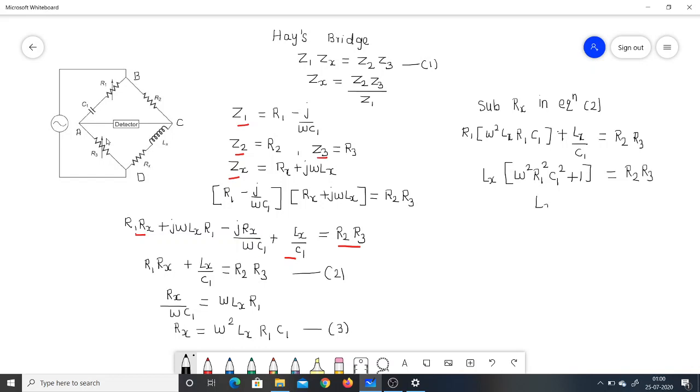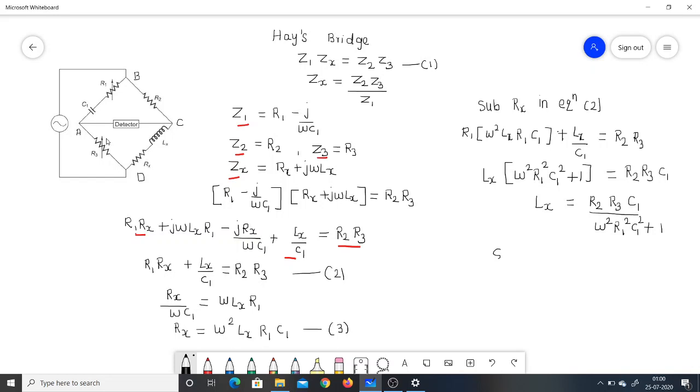So I can write my Lx as equal to R2 into R3 into C1 divided by omega square R1 square C1 square plus 1.